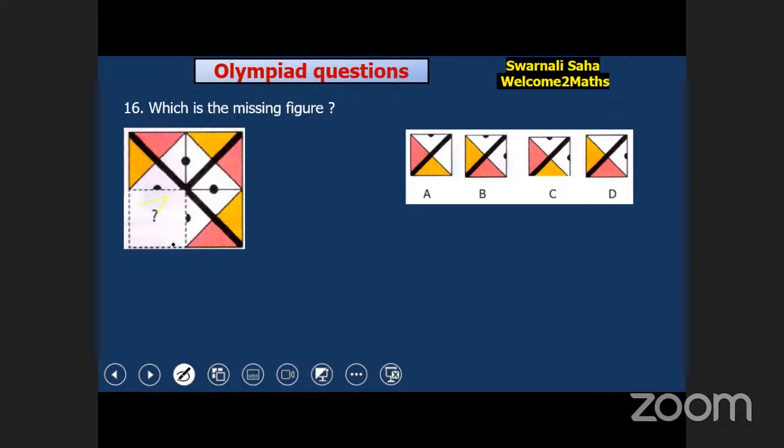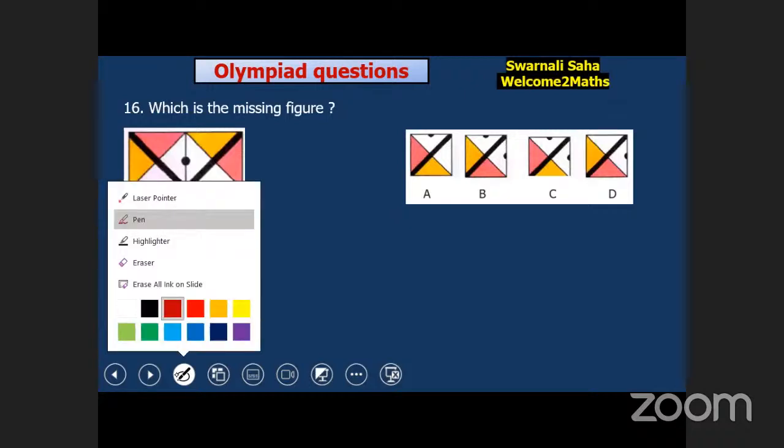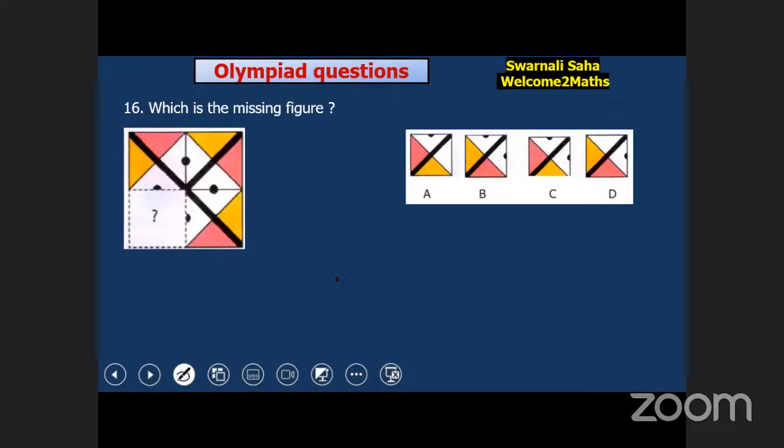Yes, C is the right one, because there are two dots and here are pink and yellow colors, just the opposite of this.